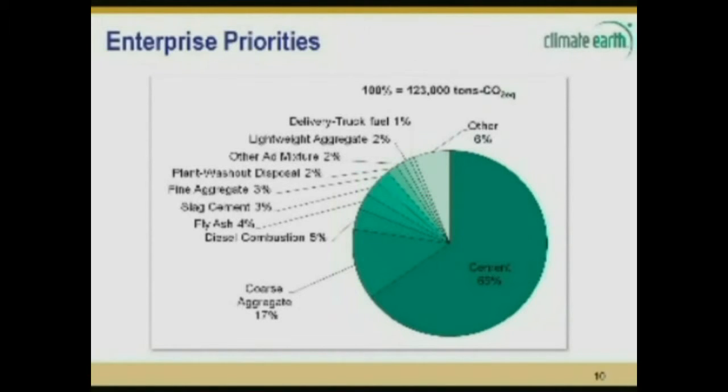This would actually look quite different. For example, cement is a huge carbon contributor and obviously a very significant part of the supply chain costs, but relative to the carbon impact, the cost is significantly less.